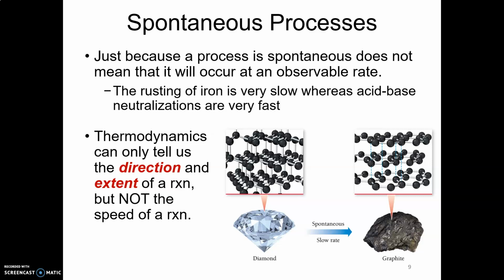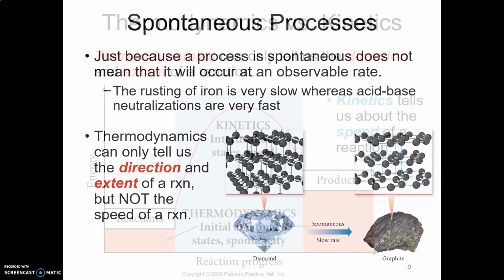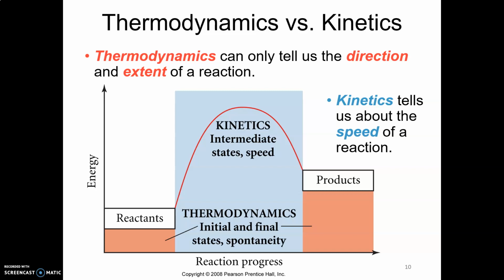So what am I saying? I'm saying thermo tells you the direction, which means, is it going to proceed in the forward direction towards the production of products, or in the reverse direction towards the production of reactants? It lets you know how far it's going to move each direction, but it doesn't tell you how fast. Think of it this way. Imagine reading the first chapter and the last chapter of a book. That's thermo.